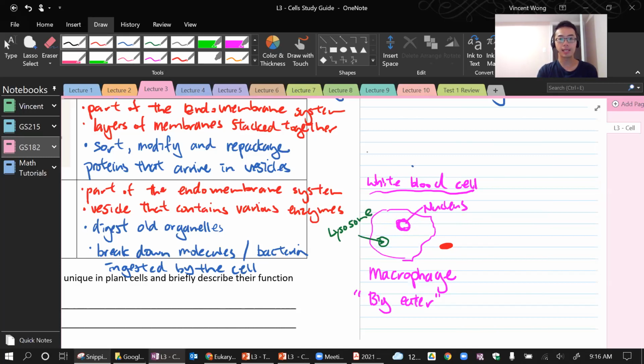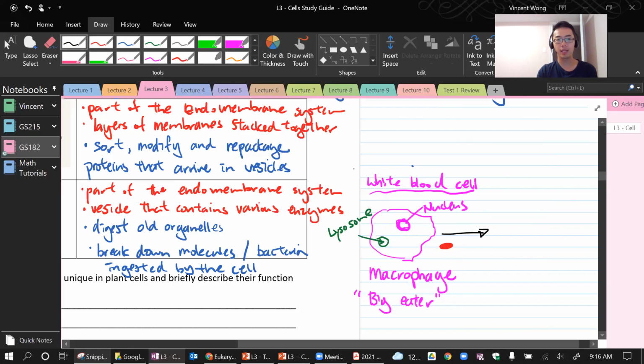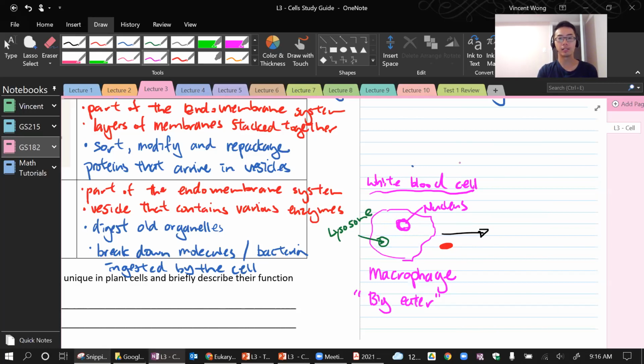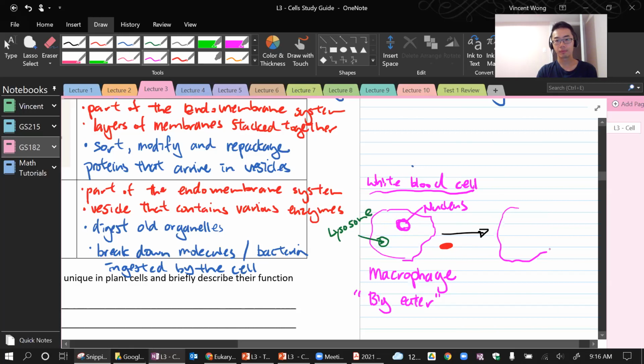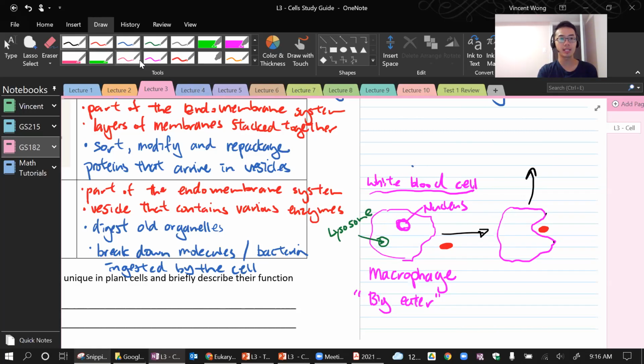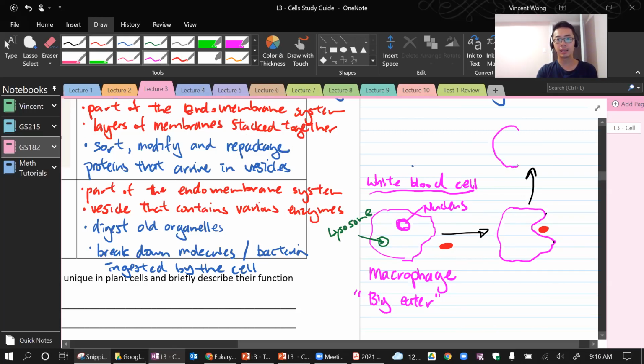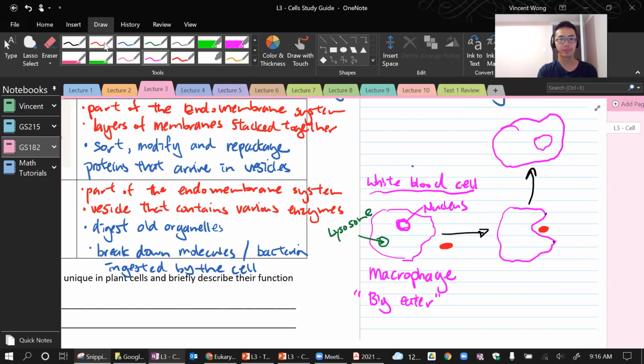So what happens is the macrophage will eat the bacteria. It will basically surround it like that, and then afterwards this part here will join with this part, and the bacteria will be trapped inside like this.